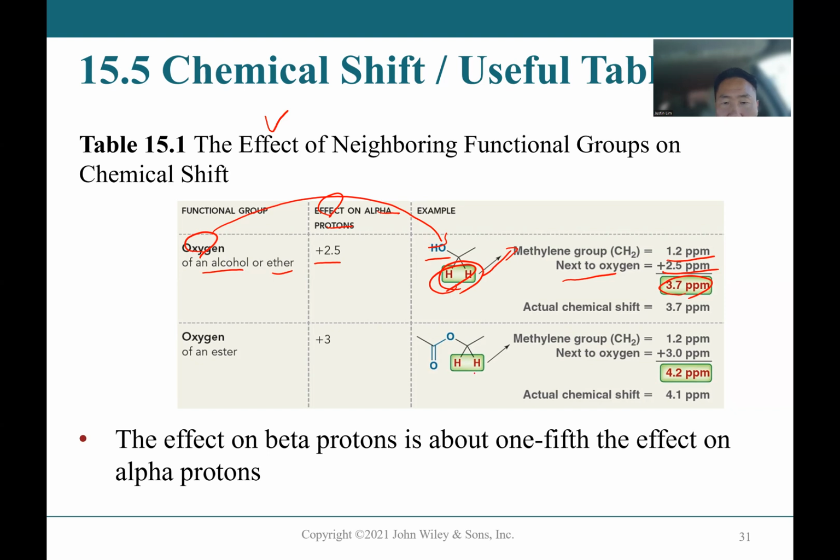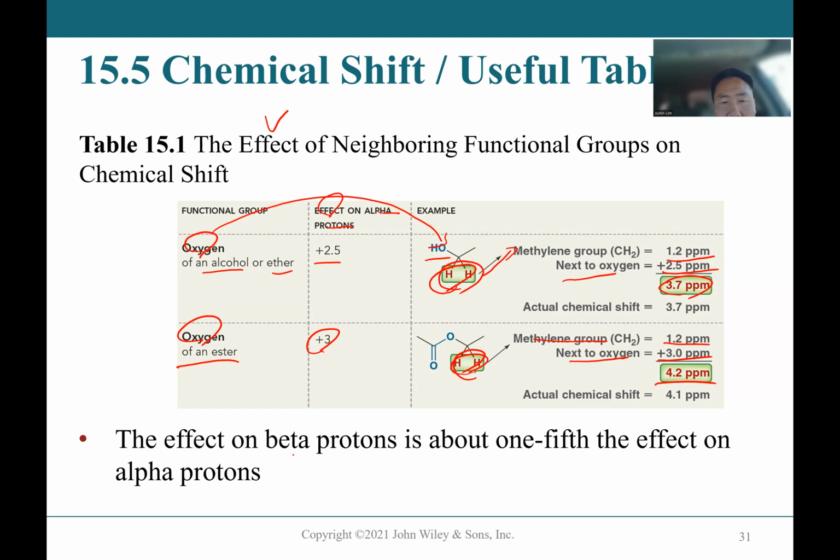And also methylene groups next to the oxygen of an ester at plus 3. So methylene group 1.2 ppm next to oxygen at 3.0, the total is 4.2 ppm. You might see the group near 4.2 ppm.